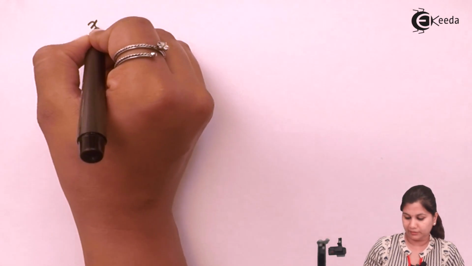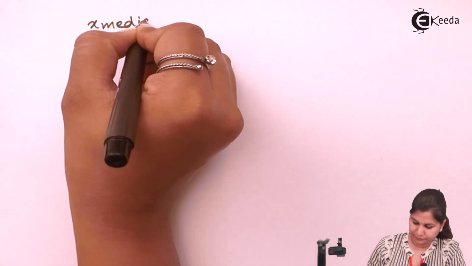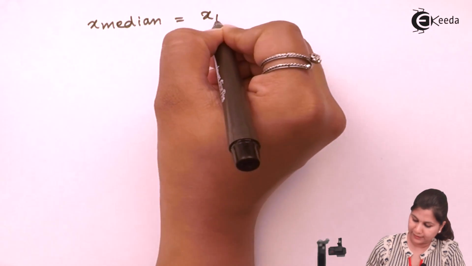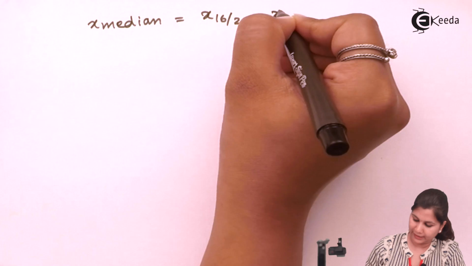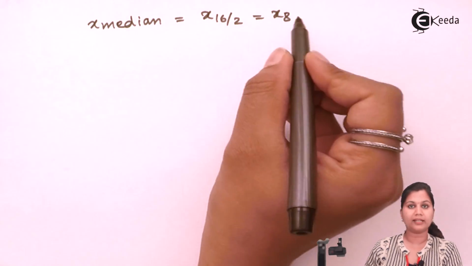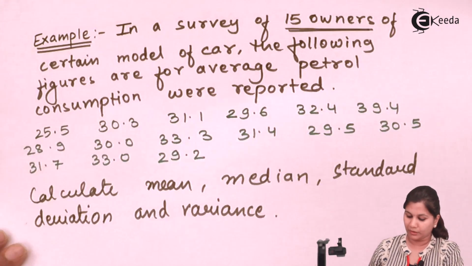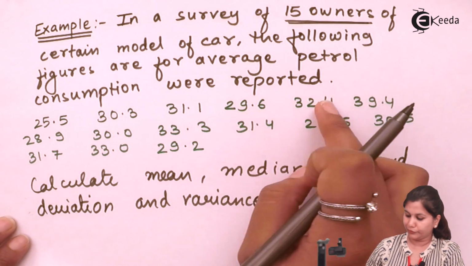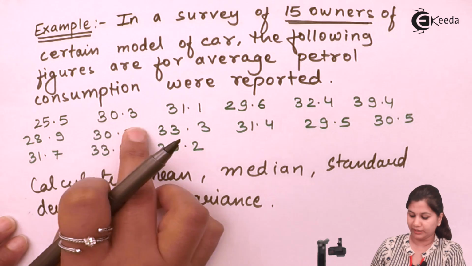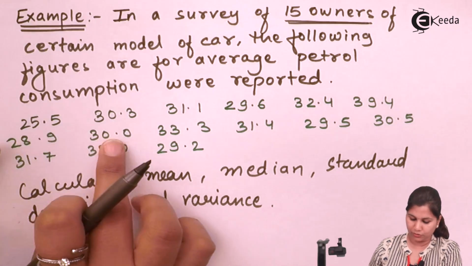So x median is equal to x8. It means the median is the 8th reading. If we see our readings, first, second, third, fourth, fifth, sixth, seventh, eighth, the 8th reading is 30.